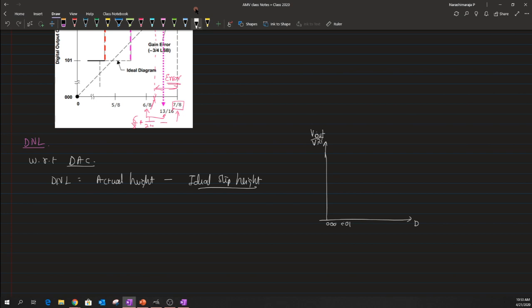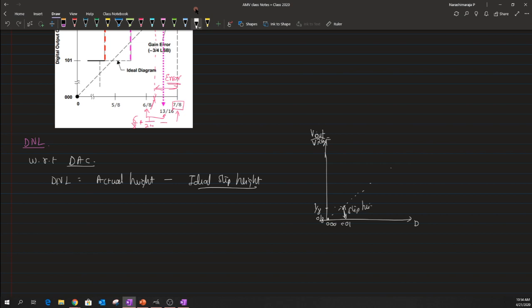And now we know that for this corresponding input we have an output value which is equal to 0 by 8, and for this value we are supposed to get an output which is equal to 1 by 8. Okay, and this is what we actually do when we try to draw the transfer characteristic graph. Okay, and one could measure the height, step height, in terms of analog values. Okay, that's the reason why it is called step height.